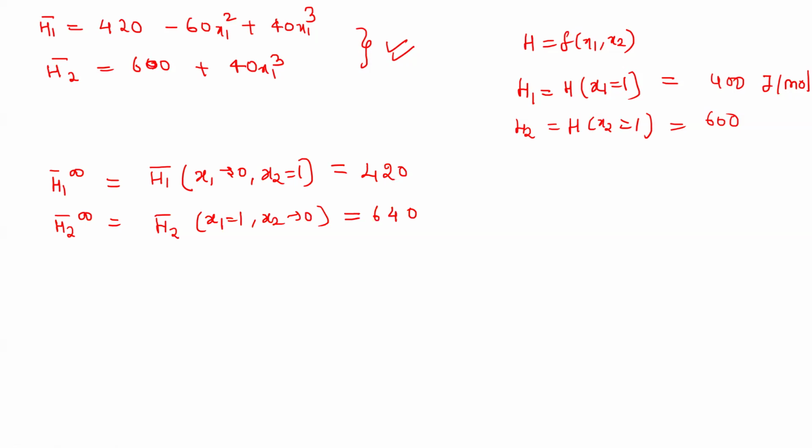Right? So we know how to find, given a relation for m, we know mi bar how to find in case of binary solutions.